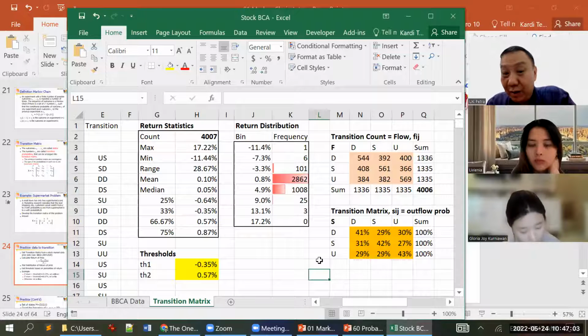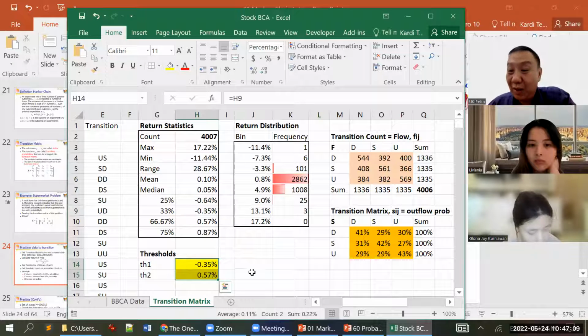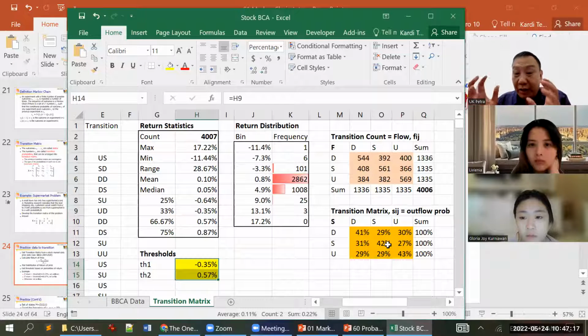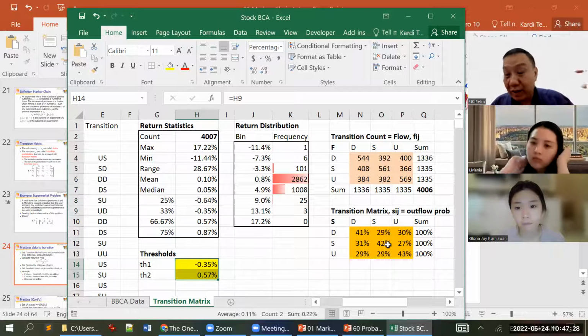If this is not correct, you will change the parameter. The parameters are the ones in yellow. You try to calibrate. Probably this is the one that is not correct. Over time, you can generate a new transition matrix based on your realization, because the realization is based on real world data.